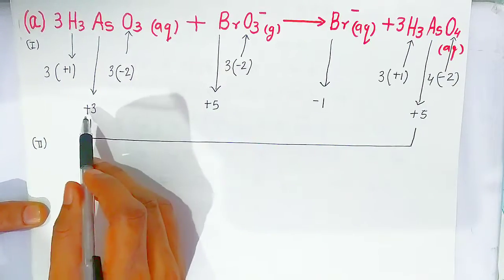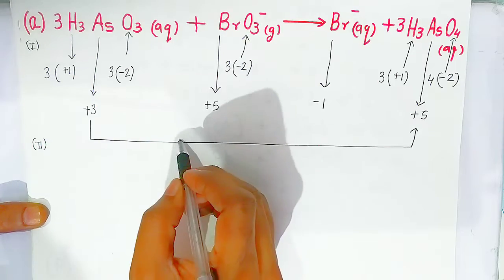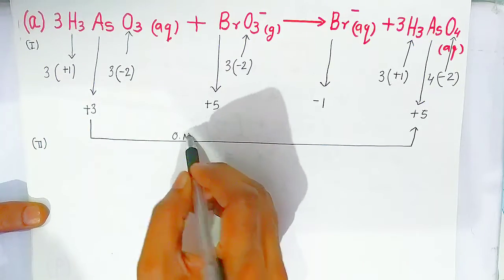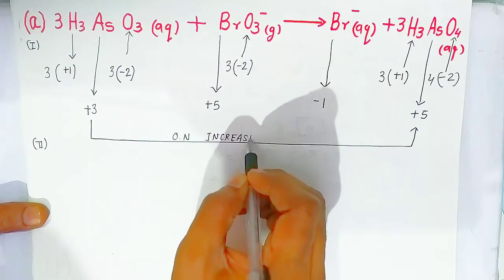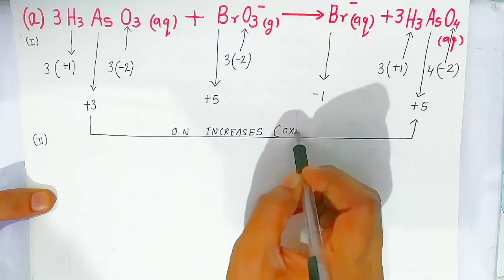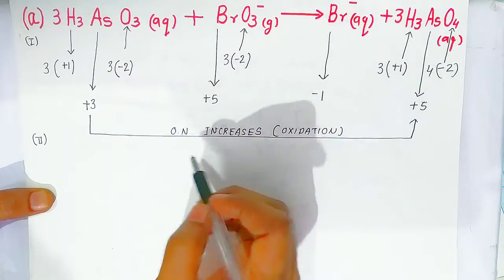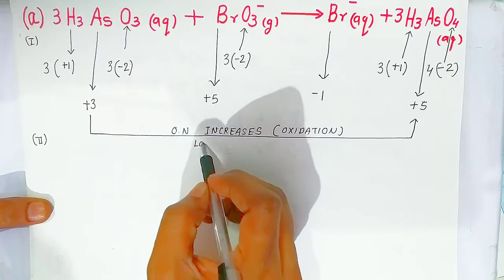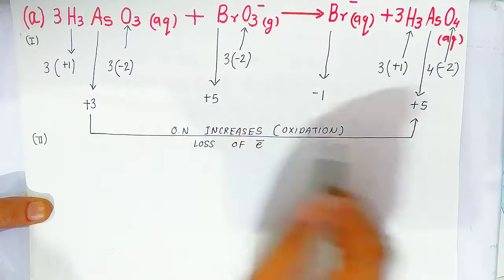When the oxidation number increases, that is called an oxidation reaction. In oxidation, in terms of electrons, there is a loss of electrons. That means loss of electrons makes the oxidation number increase.